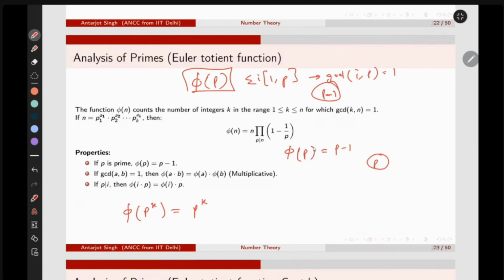Obviously, the numbers which have p as a common prime factor. The GCD can be p square, p cube, but if we just go to p, we are going to count all of those numbers. So how many numbers from 1 to p to the power k give a GCD of at least p? That is p to the power k minus 1.